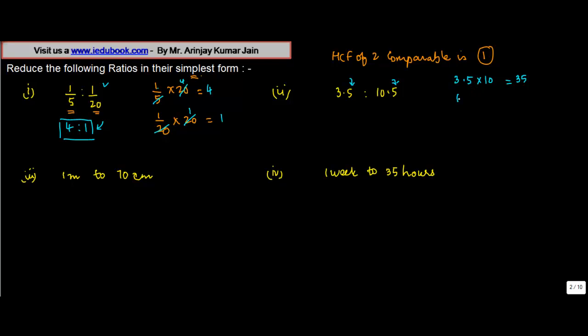We multiply 10.5 by 10 to get 105. Right? So 3.5 is to 10.5 can also be written as 35 is to 105. Or you simply write this as 35 divided by 105.